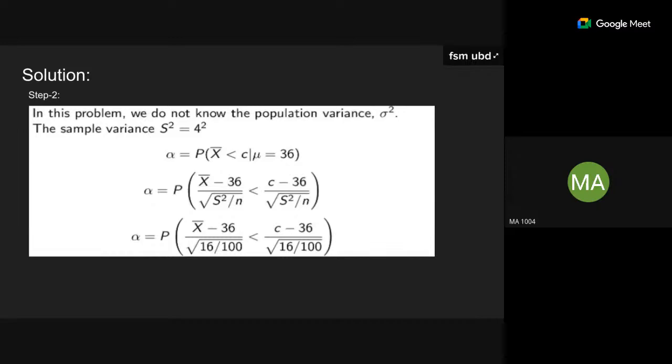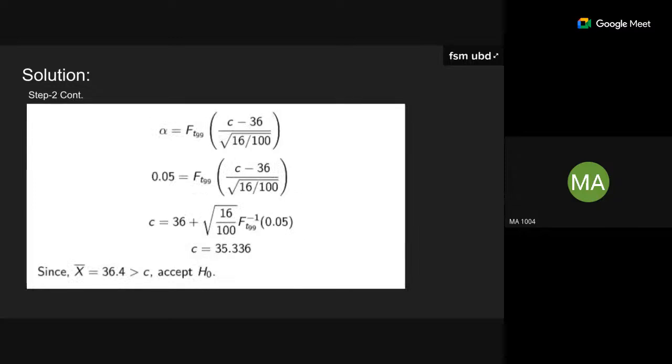Now this X bar minus 36 by root over S square by n follows a T distribution with n minus 1 degrees of freedom. So this is F T99 of C minus 36 by root over 16 by 100, and alpha is given to be 0.05. So 0.05 equals t99 of C minus 36 by root over 16 by 100.